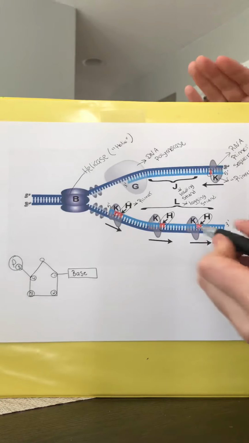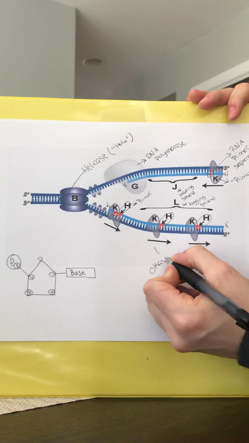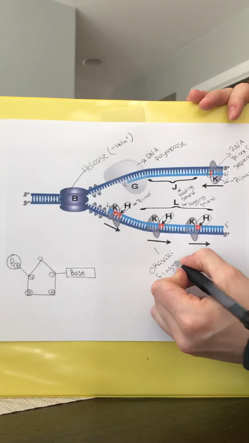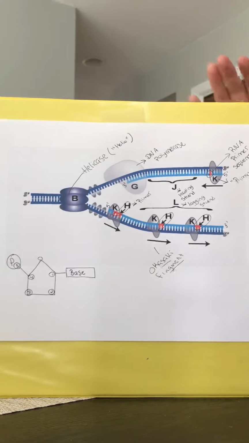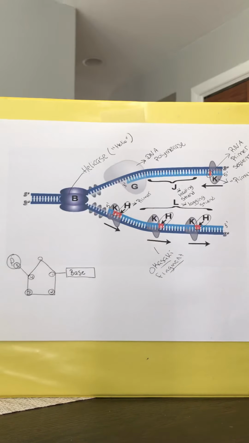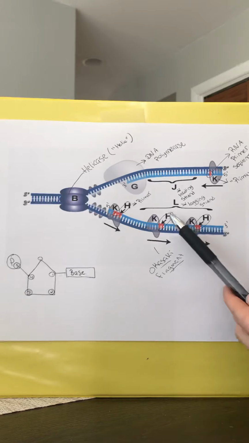So each one of these fragments is called an Okazaki fragment, just named by the scientist who discovered them. His last name was Okazaki. And then last but not least, once these individual fragments have been placed down, DNA polymerase will actually come back and remove all of the RNA sequences because you really don't need those.